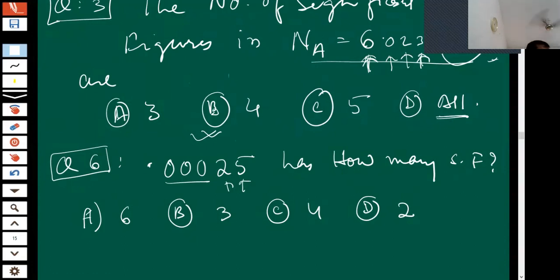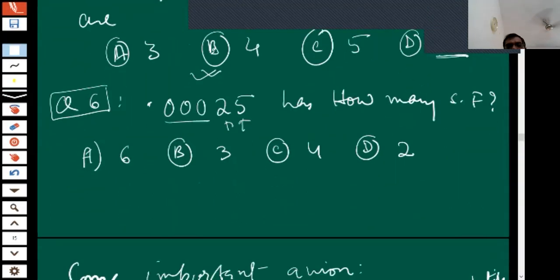Leading zeros, which are on the left hand side, can never be significant figures. So only 2 significant figures are there.